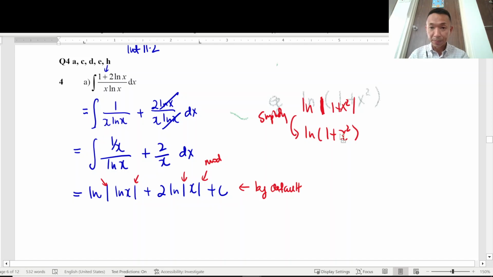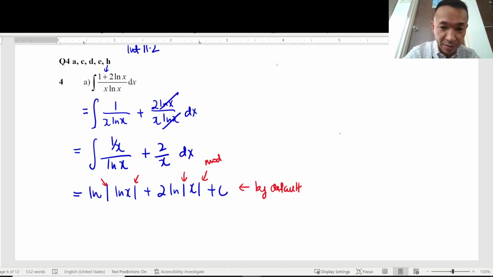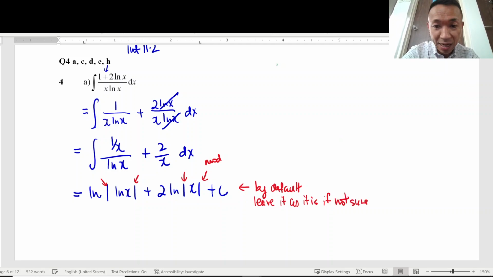For example, this one. If you cannot get an answer very, very quickly, if you don't know, leave it as it is. If not sure, that means leave it as it is, with mod sign.